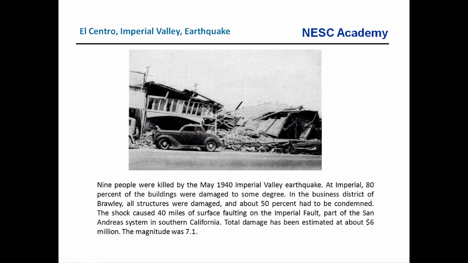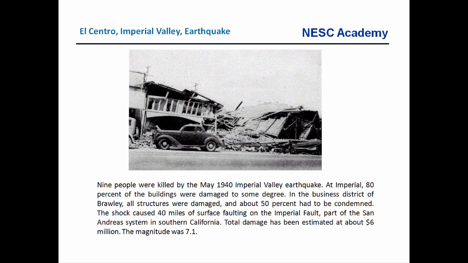So we're going to start off with a historical earthquake, and this is the El Centro or Imperial Valley earthquake in 1940. This earthquake's important to us because it is the first earthquake for which valid, quality, accurate, strong motion engineering data was measured. By strong motion, I'm referring to the ground motion.